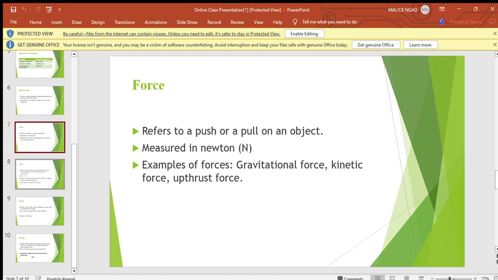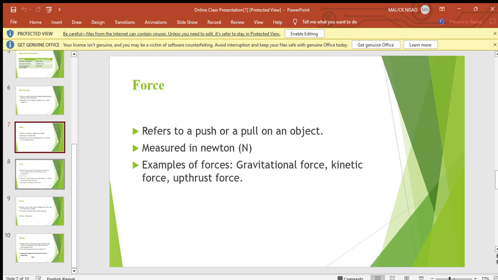Examples of forces: any other type of force? Divina. Upthrust force, that is correct. Joseph, any other type?